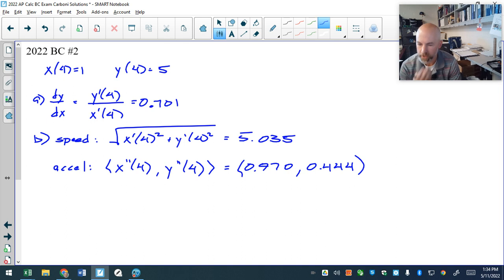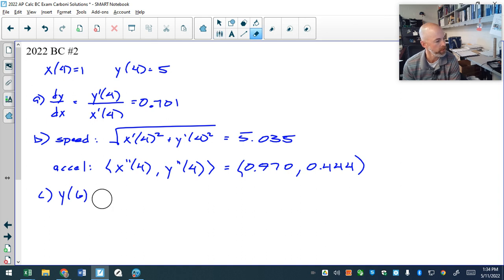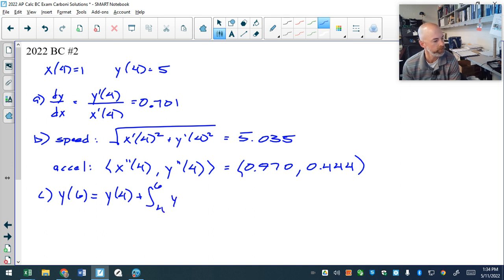Find the y coordinate of the particle's position at time 6. They gave me an initial y coordinate, so my y coordinate at time 6 would be my y coordinate at 4 plus whatever the change is from 4 to 6 of y prime, which is my y1 of t function. So I'm going to go to my calculator.